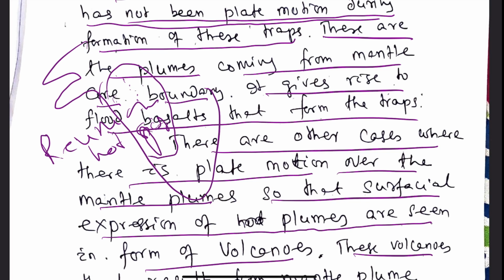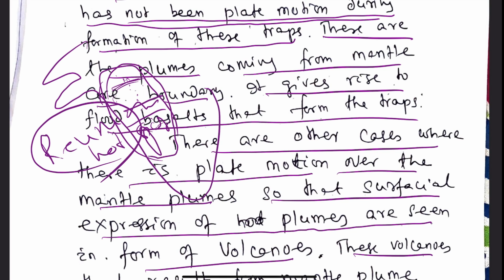While its motion from the southern tip of South America to China, during this motion it has passed over this Reunion hotspot that has given rise to extrusion of lava, and that has produced these Deccan traps.